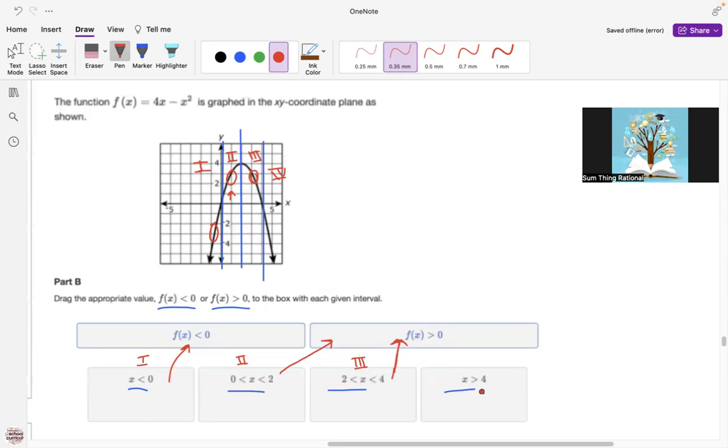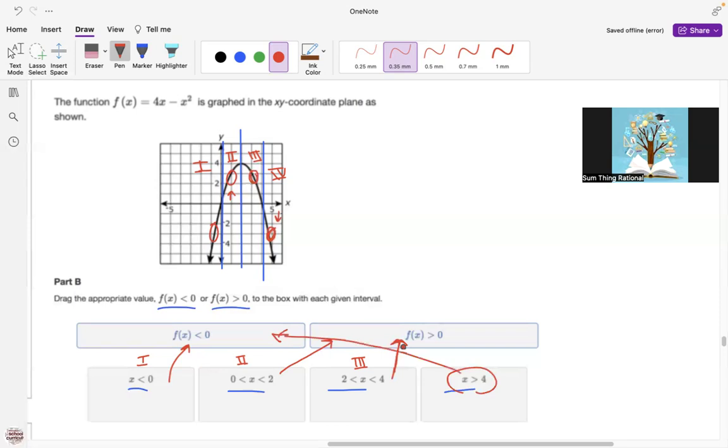When x is bigger than 4, in this interval your part of the graph is below the x-axis. Because of that, for x bigger than 4, f of x values are less than 0. So you drag it straight here. This interval, x bigger than 4, belongs here, x less than 0 belongs here, and the other two belong here.